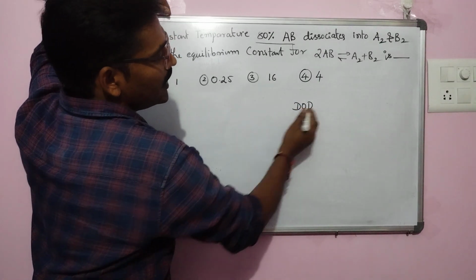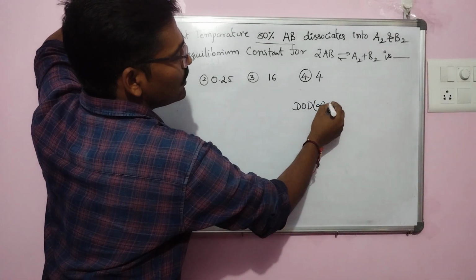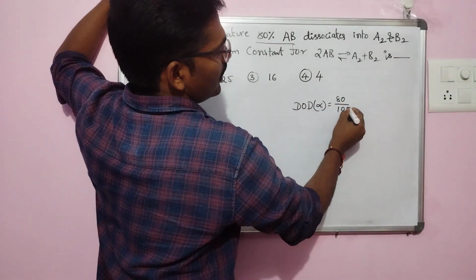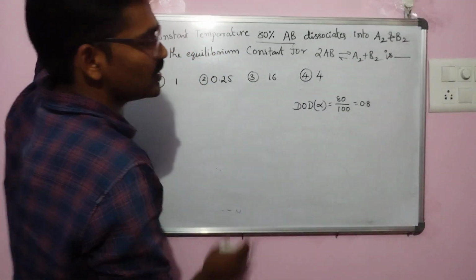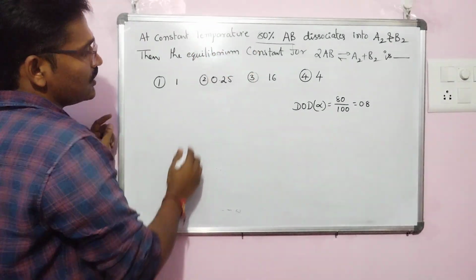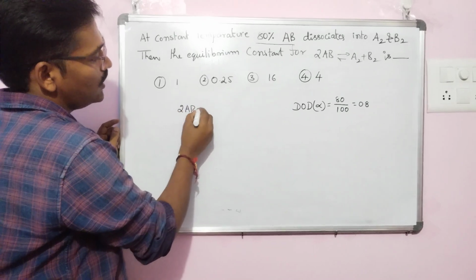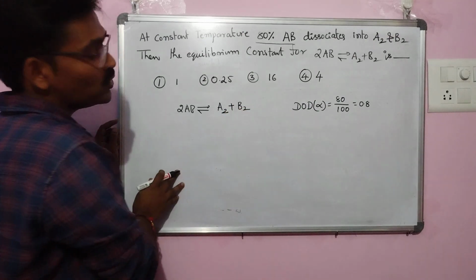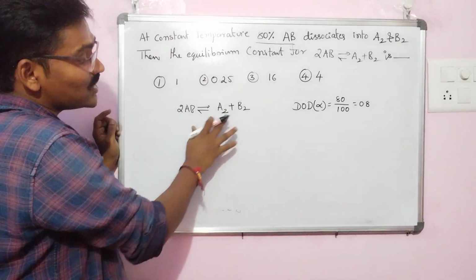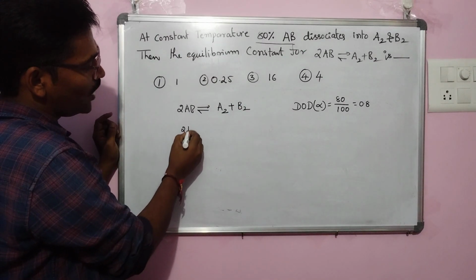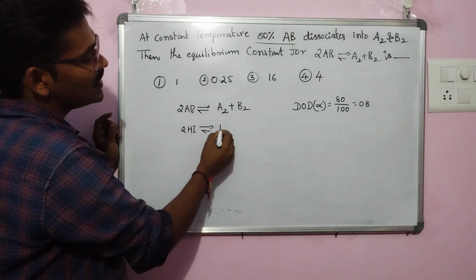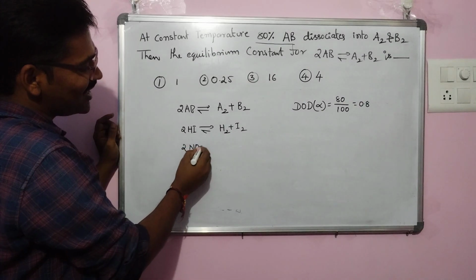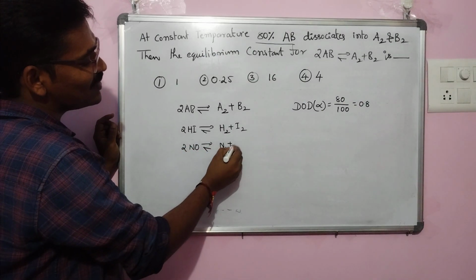So degree of dissociation alpha equals 80 divided by 100, which is 0.8. Such reactions are 2AB giving A2 plus B2, like 2HI giving H2 plus I2, and 2NO giving N2 plus O2.